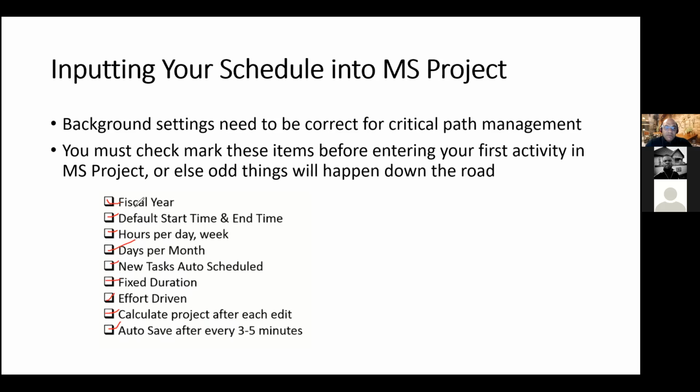Because if you don't follow these items, you will run into many, many problems, like the one the young lady mentioned earlier about trying to link activities and problems occurring. Some of these things will happen in Microsoft Project if you don't follow these rules ahead of time.